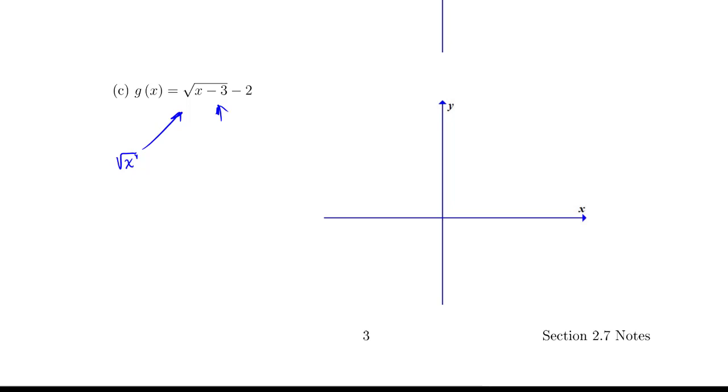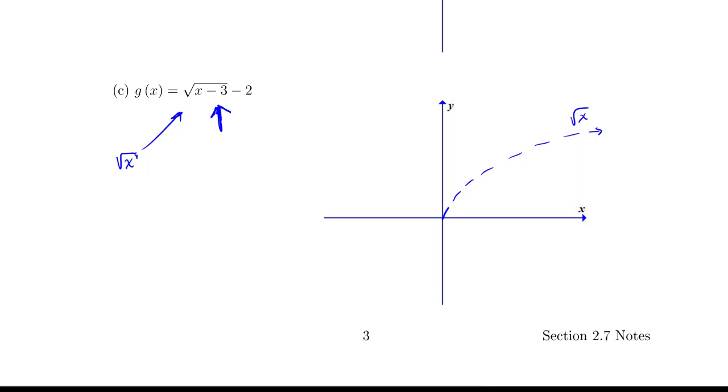All right. Let's take a minute and step back. The first thing I'm going to start with is just the basic square root of x graph. The next thing I'm going to do is apply this -3 directly to the x. Since it's directly to the x, it's got to be a horizontal effect.